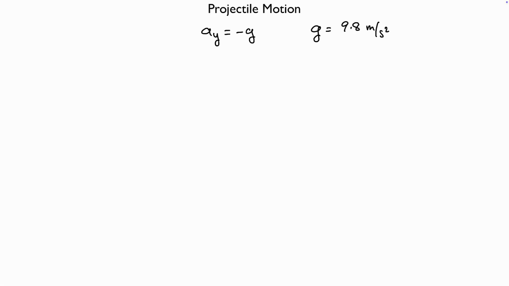And notice, g is just a number. g itself has no direction. Little g is not a vector. It's just a scalar. Do you see how I wrote a y equals negative g? So which way have I defined as being positive? Up, right?